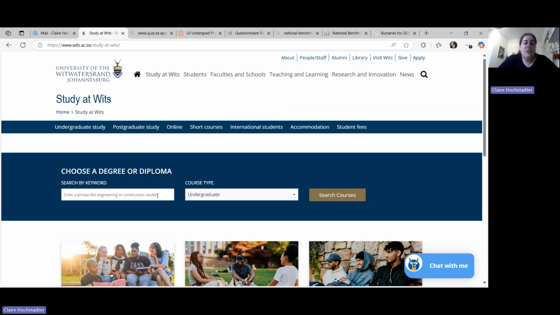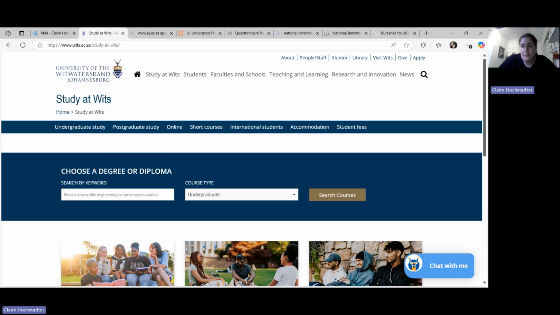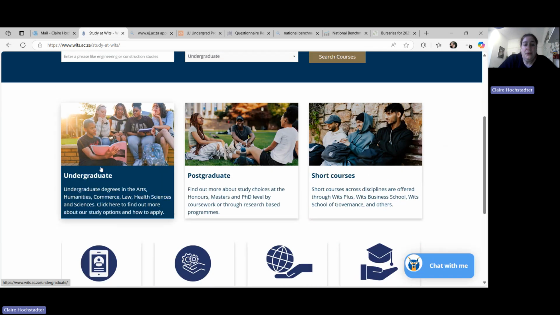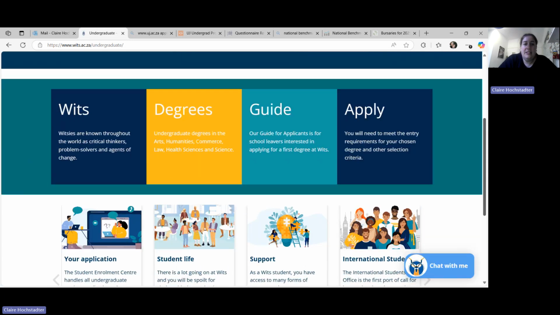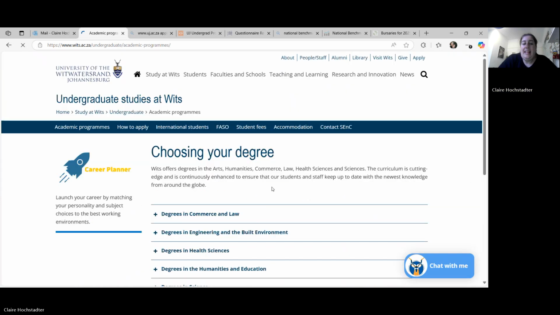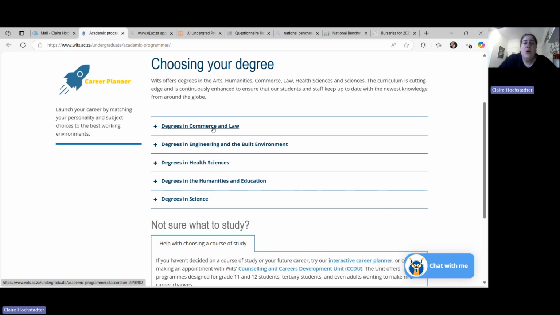If you know what you want to do, you are going to type it in here, and press Search Courses, and you can then look through all the courses that relate to what you want to do. If you are unsure about what you want to do, you can click on the undergraduate, and you can go here to degrees. And you will see listed, although you obviously have to open it, all the different courses that they have. Okay.